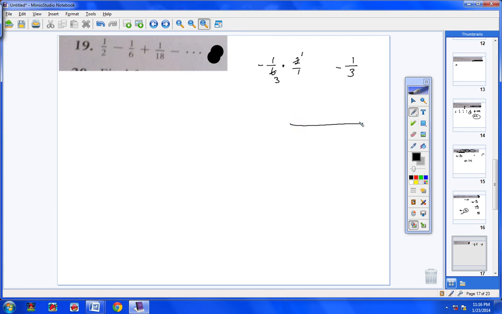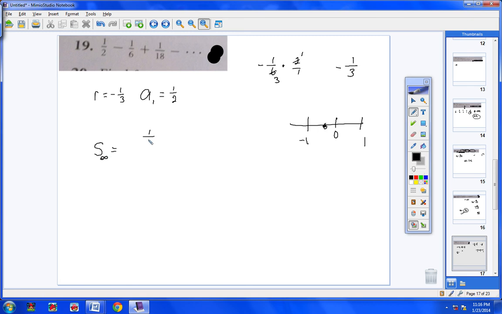So it looks like we're multiplying -1/3 over and over and over. And does -1/3 fall between -1 and 1? Sure. Here's 0. It would fall about right here. So our common ratio is good. Our common ratio is -1/3, and our first term is 1/2. So we're ready to find the sum of this infinite geometric series.